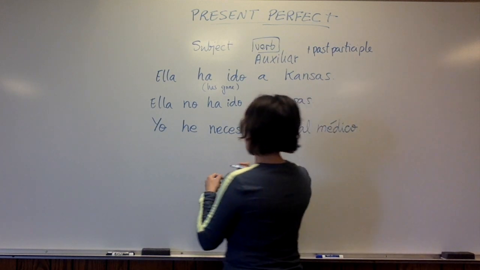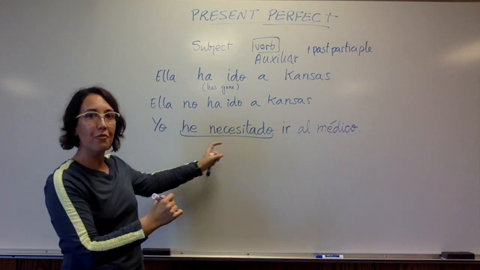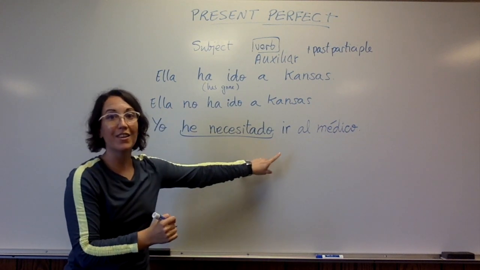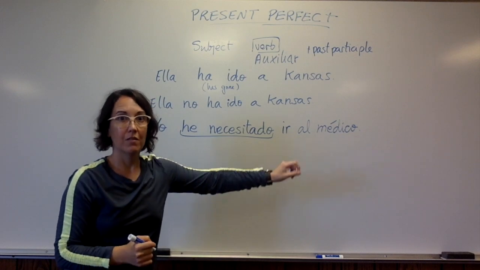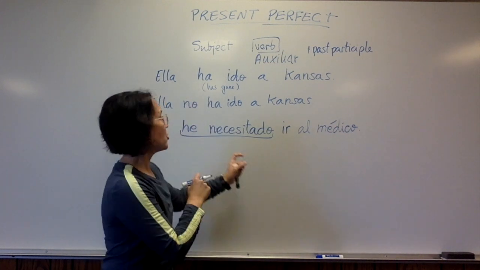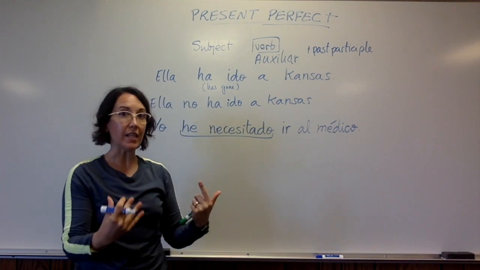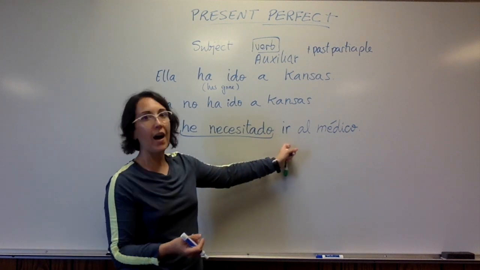So notice how this he necesitado, we stick with the present perfect, I have needed, and then remember, you don't say a ir, because the a is when you go to the place, but just to go or to eat, you do not need the a.